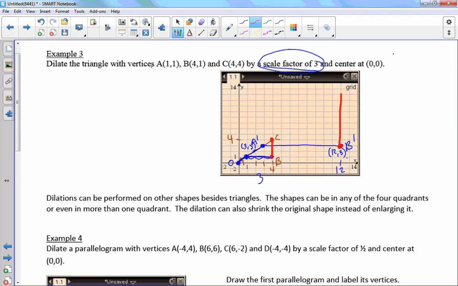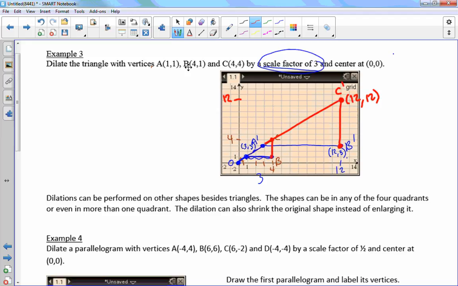I don't want to go too high. But I'm on 3. 3 plus 9 is 12. Yeah, it's 12. So it would be on 12 comma 12. That would be our C prime.